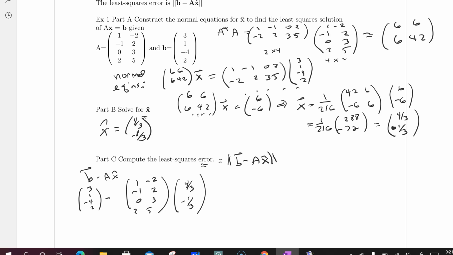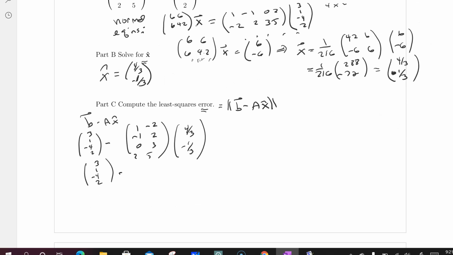Multiplying the matrix times this vector gives me 2, negative 2, negative 1, 1. Subtracting these two gives me 1, 3, negative 3, 1. This is b minus A x hat.